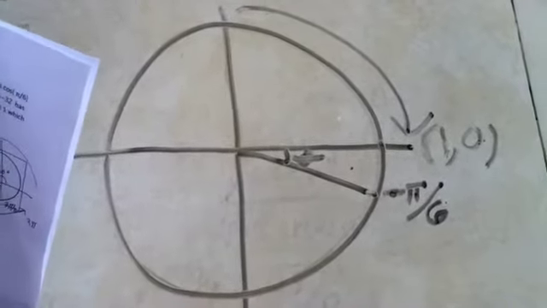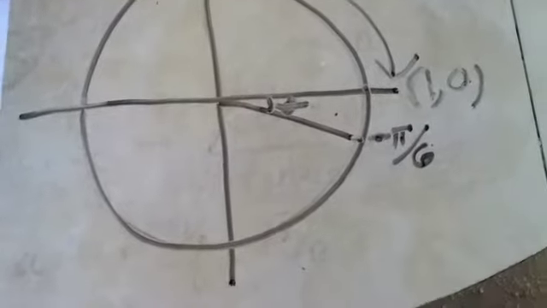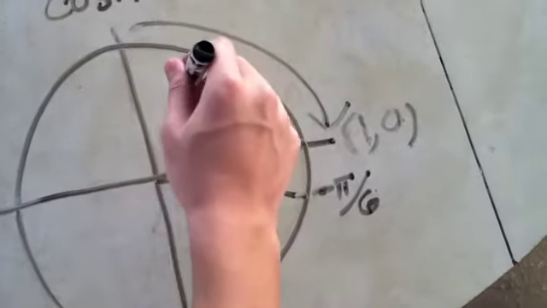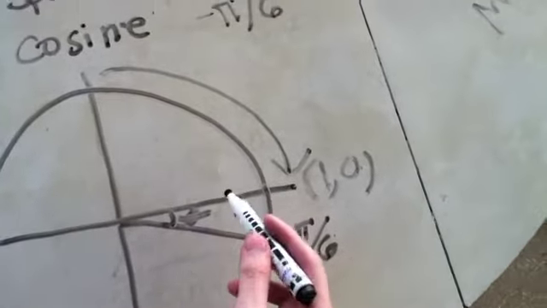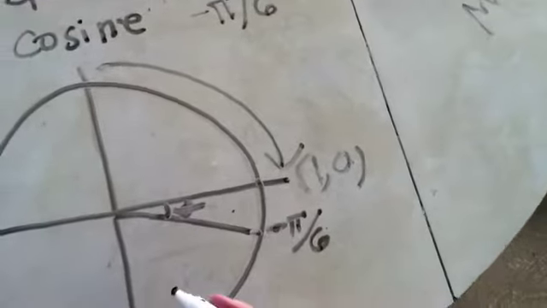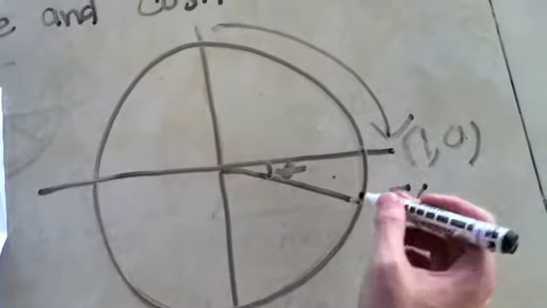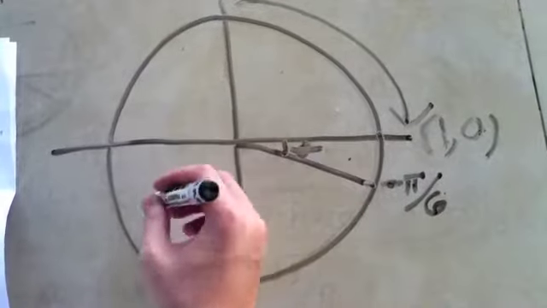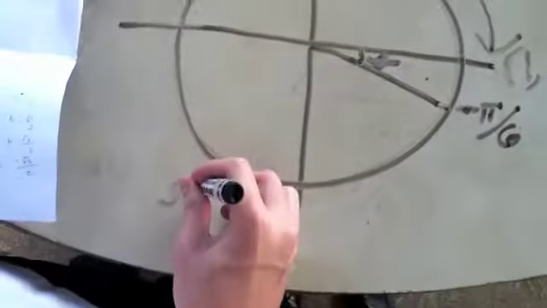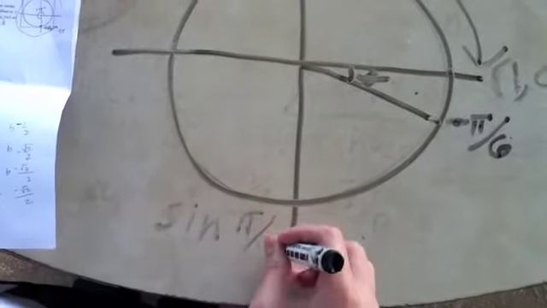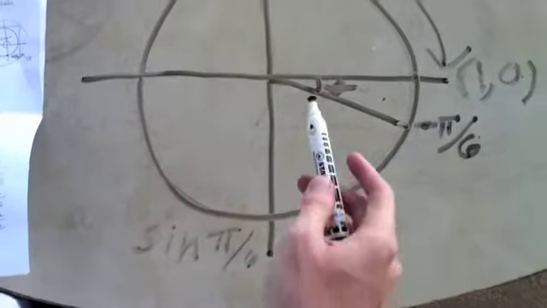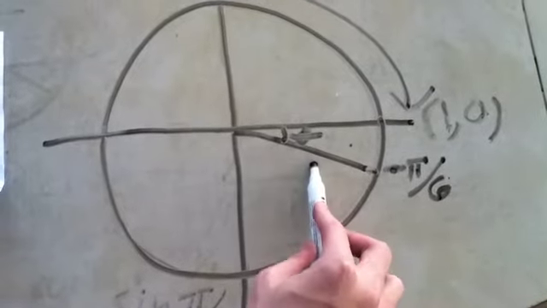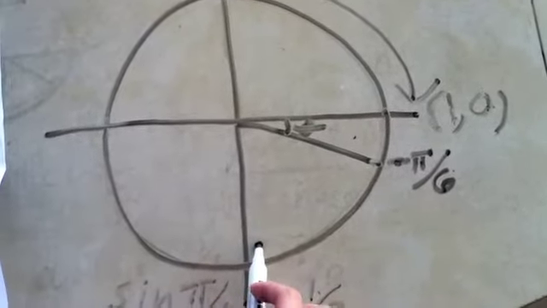It has the same magnitude as the cosine of pi over 6, because quadrants 1 and 4 have the same positive x-axis. On the other hand, sine of negative pi over 6 is equal to negative 1/2, because the fourth quadrant has a negative y-axis.